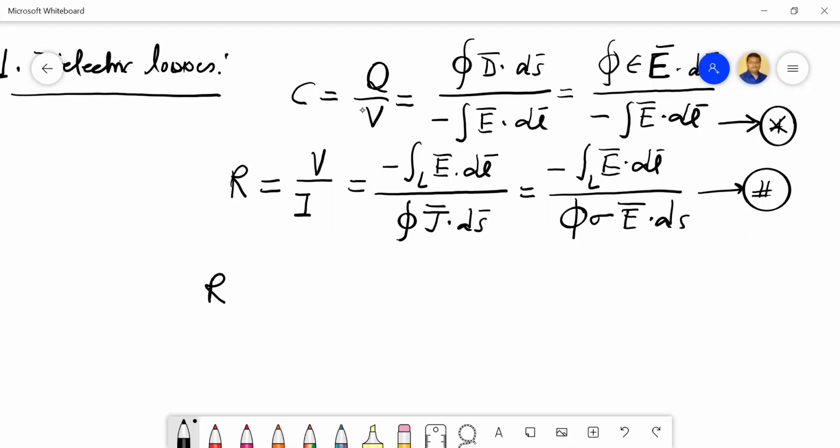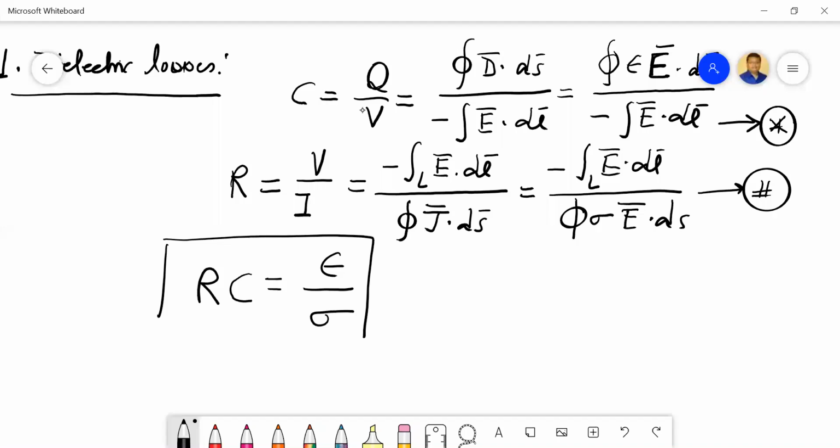So when you multiply these two, R into C, so what will happen? Some of the terms will be cancelled out, correct? Some of the terms will be cancelled out and you will remain with RC is equal epsilon over sigma. This is one relation we got.